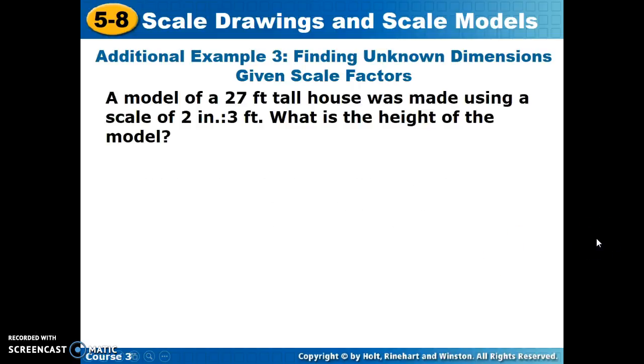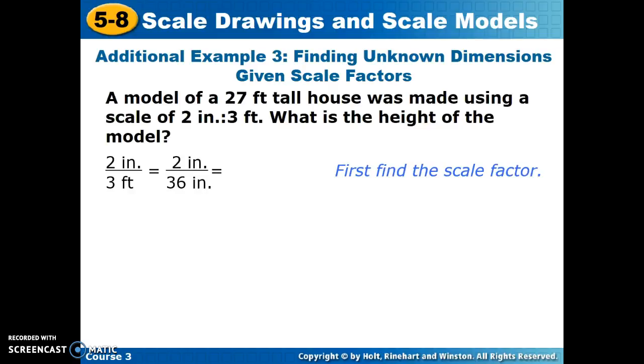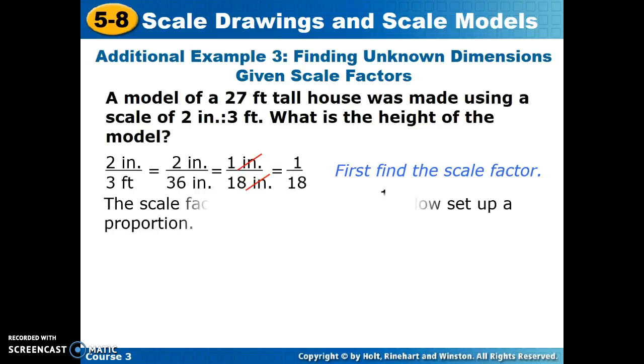The model of a 27-foot tall house was made using a scale of 2 inches to 3 feet. What is the height of the model? Once again, set up what you know. Your scale is 2 inches over 3 feet. They actually converted this one into all inches, which we don't actually have to do, but that's fine. They did this to reduce it.